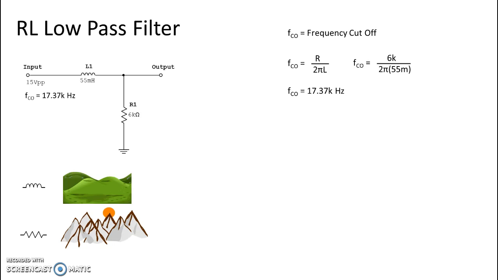So at 17.37 kHz and below, we are going to have a usable voltage. It will start out at 70.7% of incoming voltage and continue to get higher the lower that frequency goes until it gets to its incoming voltage. Now, if frequency were to go above the frequency cutoff, we would get further and further away from usable voltage.